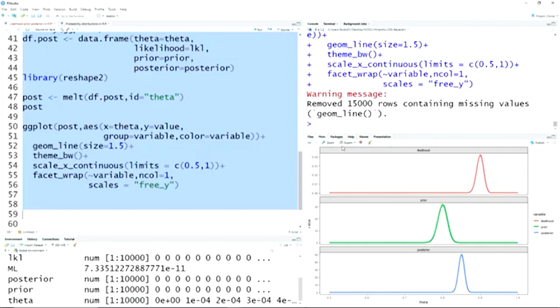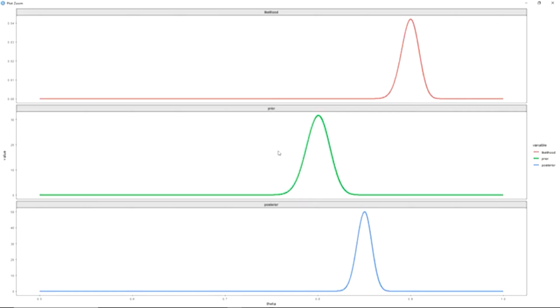Yes, so now you see that your likelihood is around 0.9, prior is around 0.8, your posterior is kind of exactly in between, so it's around 0.85, right?